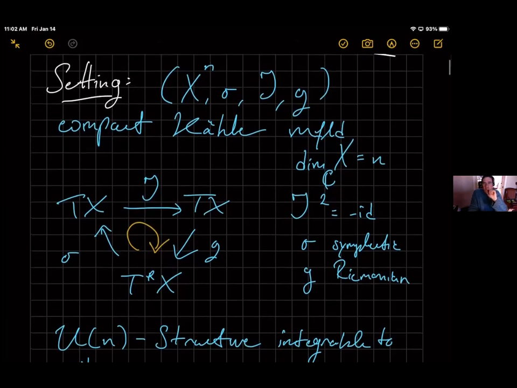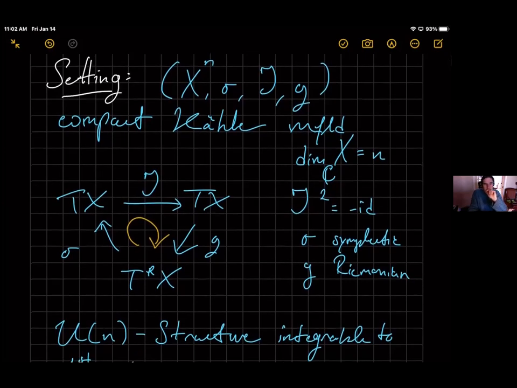So the basic setting of Kähler geometry, the notation I'll be using throughout this, I'll have a compact Kähler manifold X. Being Kähler means that we have three compatible structures. One of them is this endomorphism of the tangent bundle J, which squares to minus the identity. So it basically is a generalization of multiplying by i.